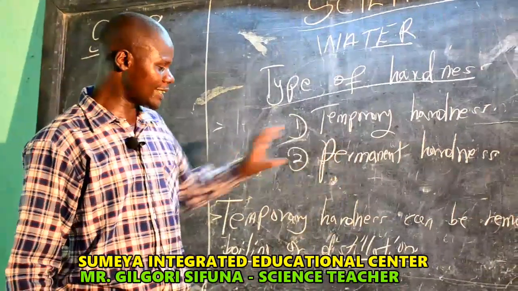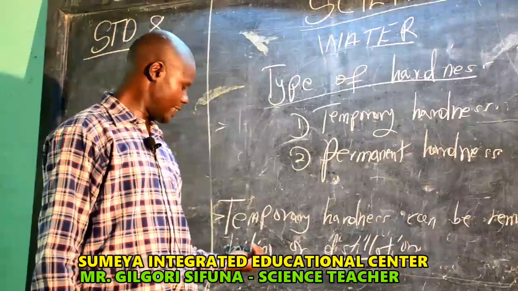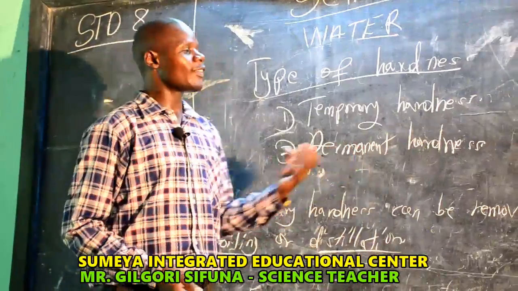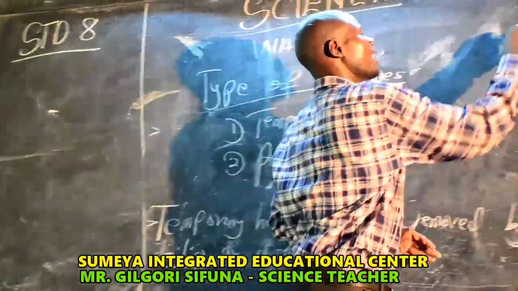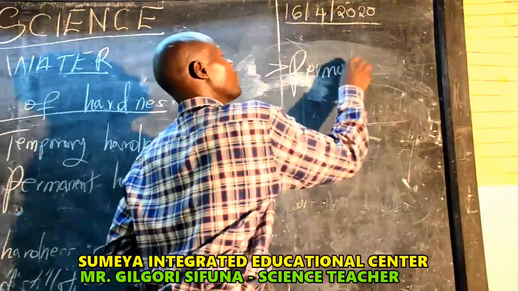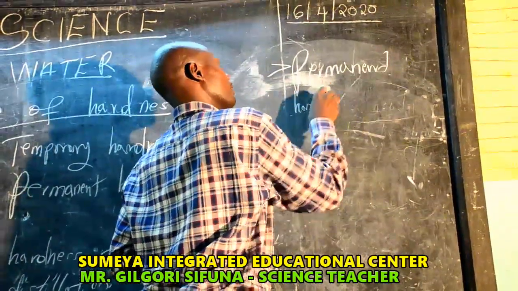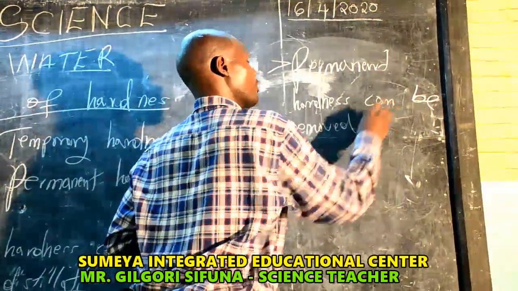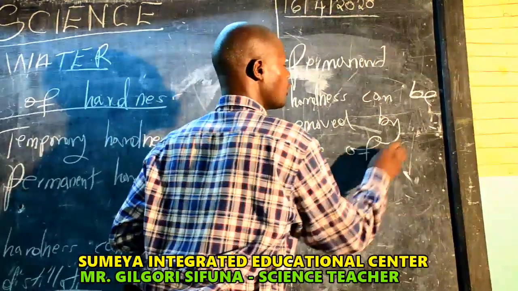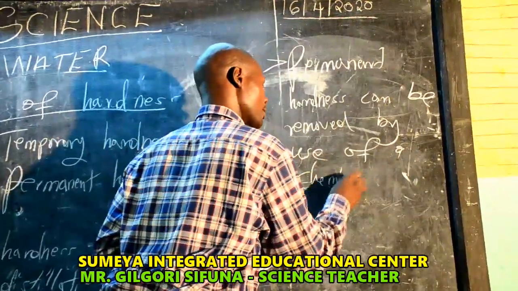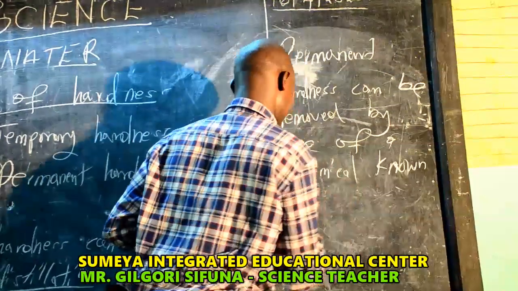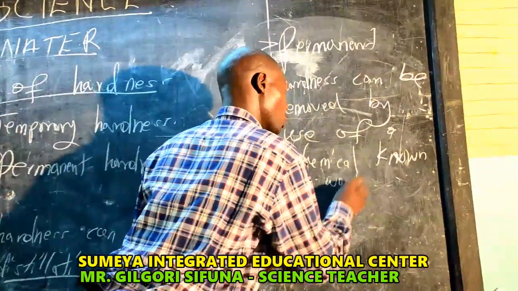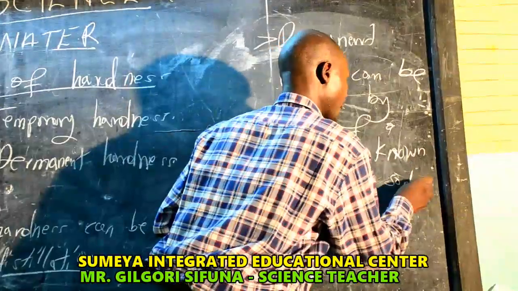Permanent hardness cannot be removed by these 2 methods, which are boiling and distillation. If the type of hardness is permanent, then permanent hardness can be removed by the use of a chemical known as washing soda.